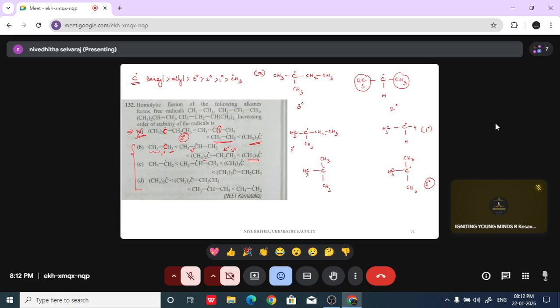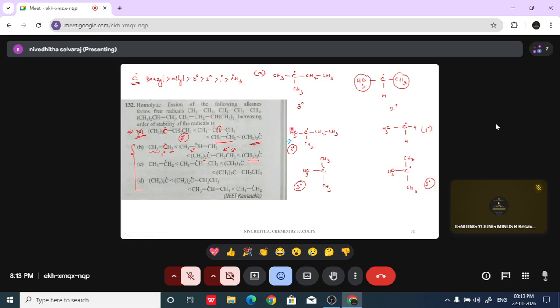If both the free radicals are tertiary, what do we have to do? We have to check the number of alpha hydrogens, right? The free radical with more alpha hydrogens is more stable. How many alpha hydrogens are there in this free radical? 9, ma'am. 11, ma'am.